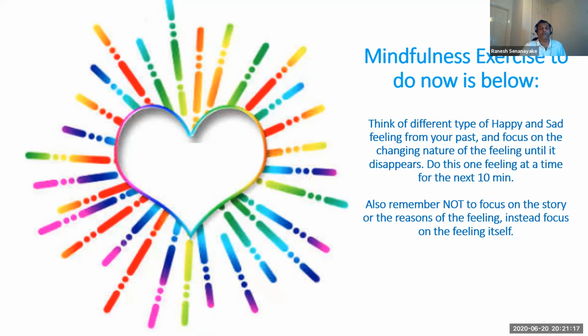You stare at the feeling with your mind, and you see the feeling. It's like energy. You may see colors, but it's constantly changing. And then see it disappear from your mind.